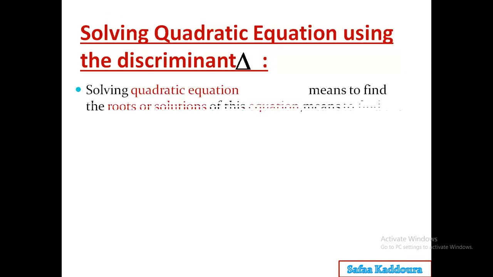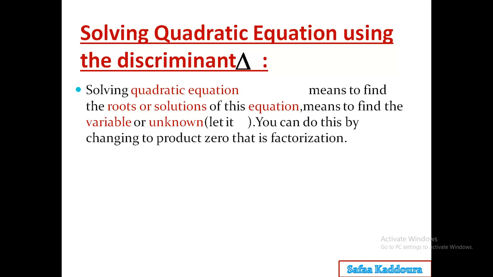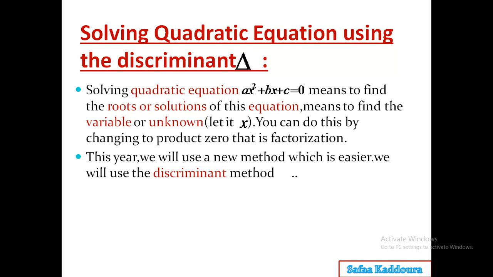Now, how to solve a quadratic equation using the discriminant? A linear equation is solved by isolating x on one side and the number on the other side, to find x. But when we want to solve a quadratic equation, we will take today an easy way, which is to use the discriminant.